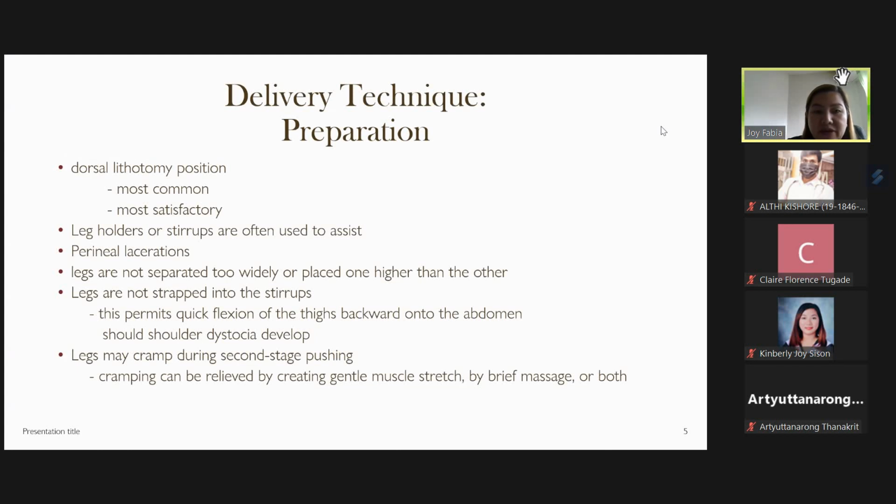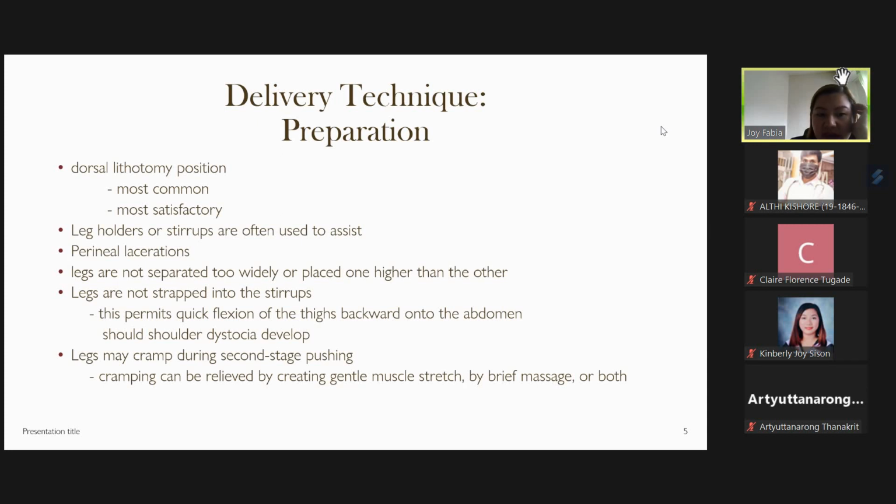Usually, we place the mother in a dorsal lithotomy position, which is the most common and most satisfactory position during delivery. The leg holders and stirrups are often used to assist a good delivery. We also take note of the perineal lacerations. The legs are usually separated, but not too widely, and one should not be placed higher than the other.